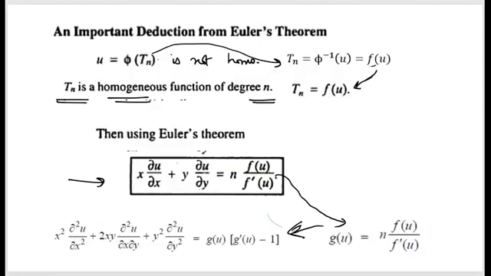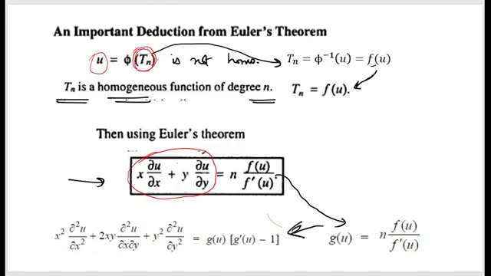Then there is one deduced result, or you can say the modified form of Euler's theorem. Here you are interested in u because the expression is given in u, but u is not homogeneous. There is some function of u in one expression, which I am writing here as Tn.